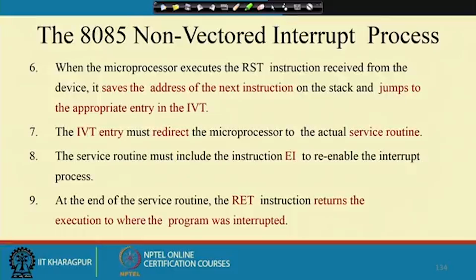Normally we put a jump instruction there to go to the actual service routine, and the one thing that the service routine should do is enable the interrupts using the EI instruction, because as soon as this interrupt occurs and we go to the interrupt acknowledge cycle, the INTR gets disabled.